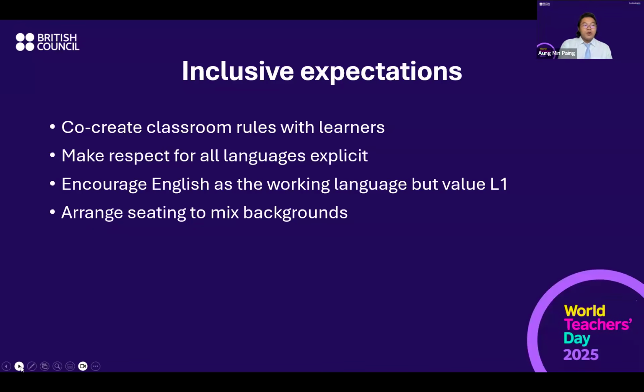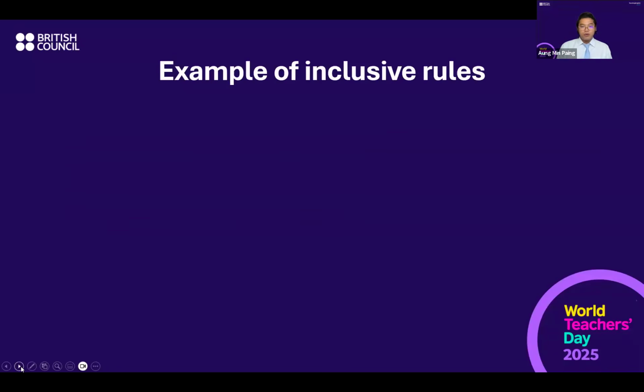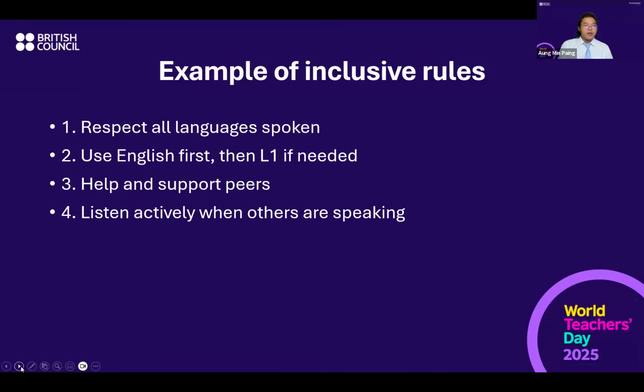Right. So now let's start focusing on examples that will be able to create inclusive rules. All right, let's have a look at the very first one, which is respect all languages spoken. Whatever language they are using, please respect. Secondly, use English first of all, then just use L1 if needed.